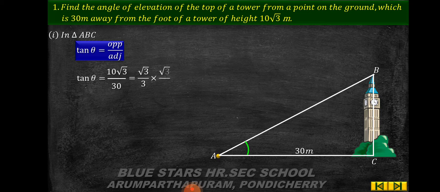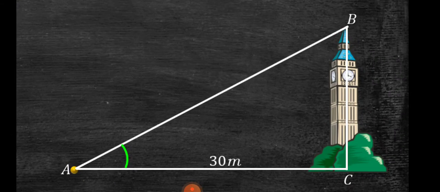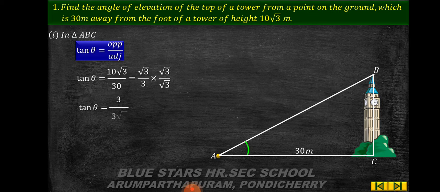Then 3 is nothing but root 3 into root 3, or we can multiply by the conjugate. So tan theta is equal to root 3 into root 3, which is 3, divided by 3 root 3. So 3 gets cancelled, and you get tan theta is equal to 1 by root 3.